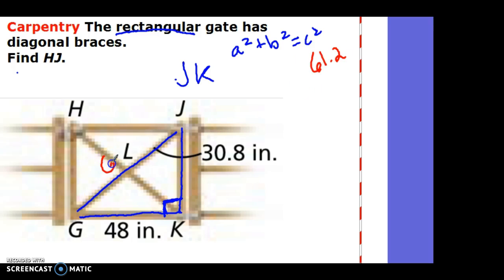It's this whole length. Do we know one of the legs of this triangle? Yes, we do. What is it? It is 48. 48 squared. And we're trying to figure out what the other is. So I want you guys to pause the video now and figure out what JK is going to be.